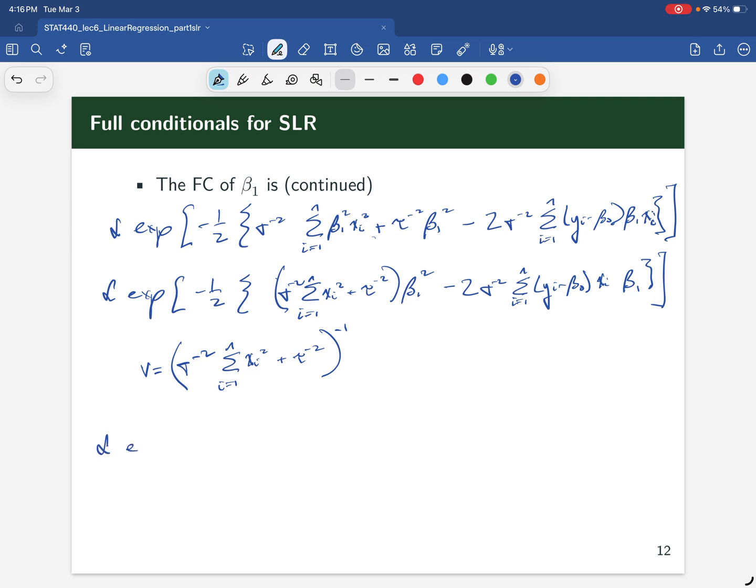I can write that as e to the negative 1/2, this is v inverse beta 1 squared minus 2 beta 1 sigma squared summation from i equals 1 to n of yi minus beta naught xi.